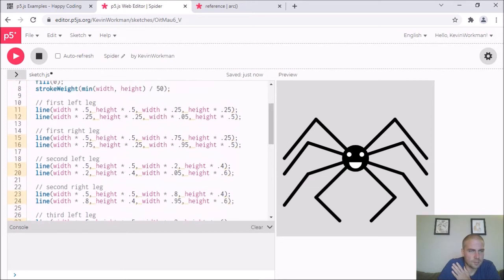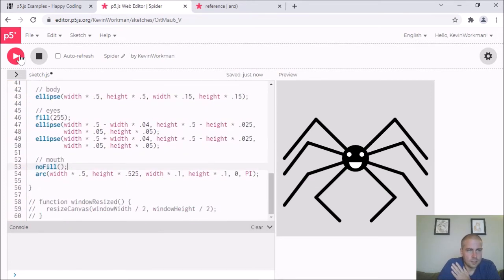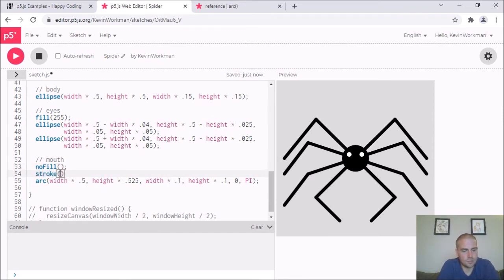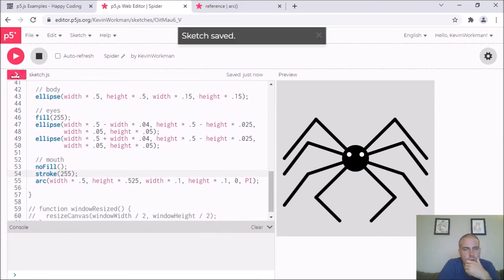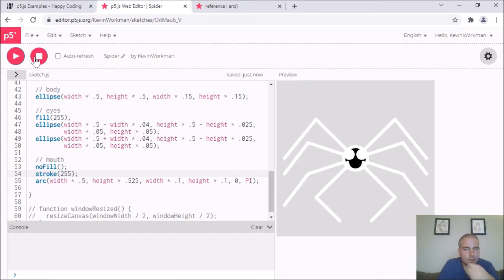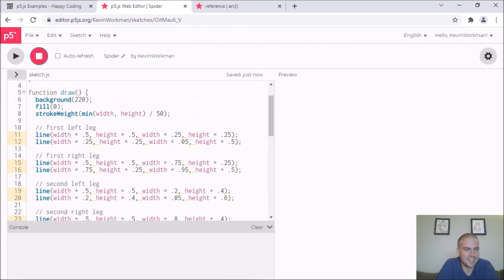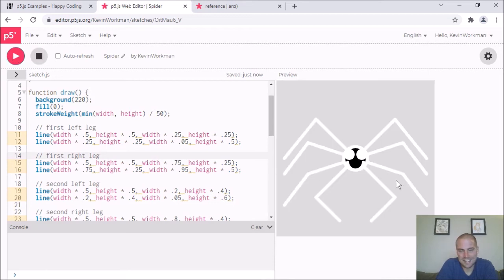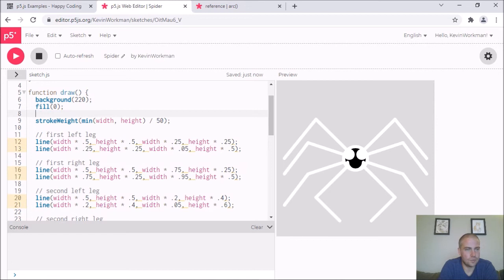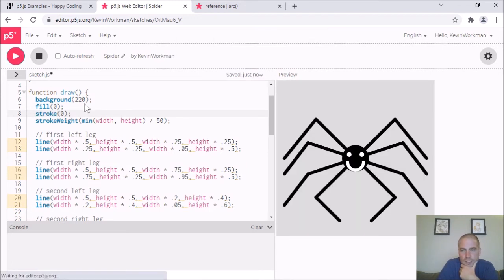Do I call fill up here? Yeah, I do. Let's just see. So that's not right. Maybe what I actually want, well, maybe I want the stroke to be white here. Oh no, oh my goodness. It kind of worked, but I need to reset my stroke to something up here. So fill and stroke up top to black.